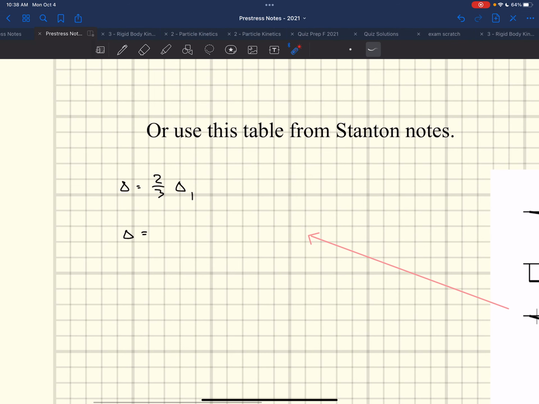Delta 1 is equal to epsilon sub P1 times FP L squared divided by 8EI.